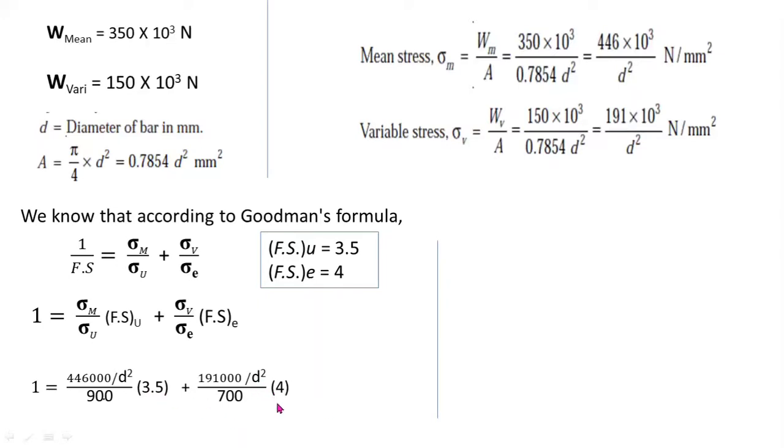So d equal to 62.9 or 63 mm is our required shaft diameter. This is our required answer.